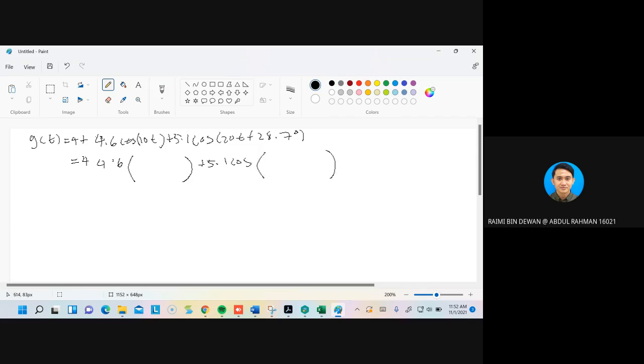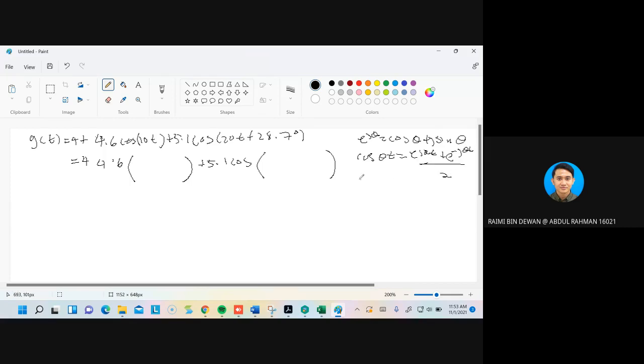Euler's theorem is where you have e to the j theta equals cos theta plus j sine theta. Then cos theta t equals e to the j theta t plus e to the negative j theta t, over 2.